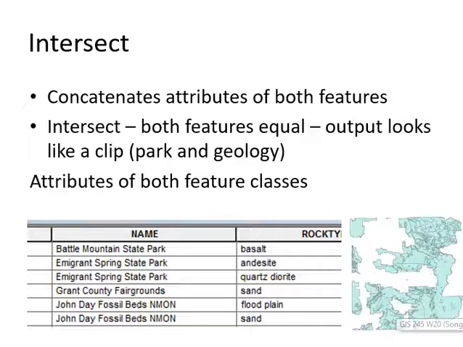So when I did an intersect, I got the rock type or the geology that is under Battle Mountain State Park and the geology that's under Emigrant Springs. And here's another section of Emigrant Springs that has a different geology, because remember, the intersect can split polygons.